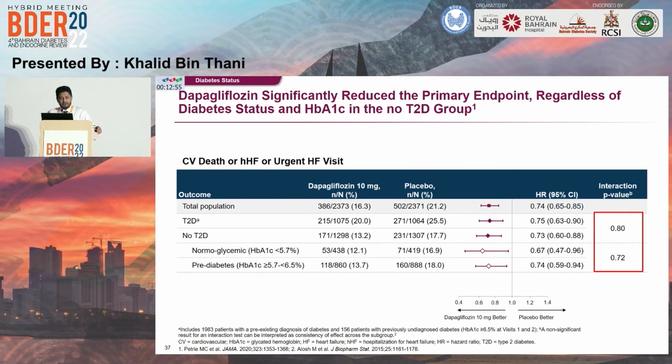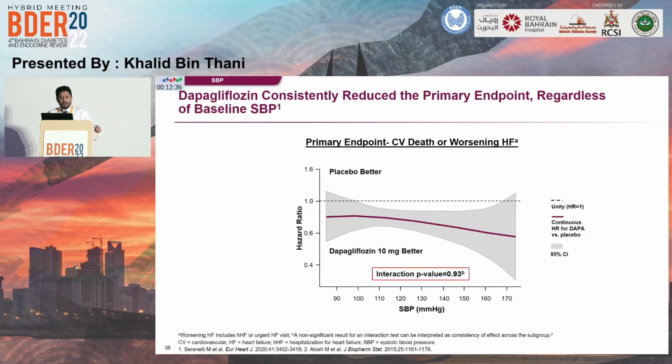When you look at the subgroup analysis, as we mentioned, whether started as diabetic or non-diabetic, dapagliflozin significantly reduced the primary endpoint regardless of diabetes status and the HbA1c in the no type 2 diabetes group.